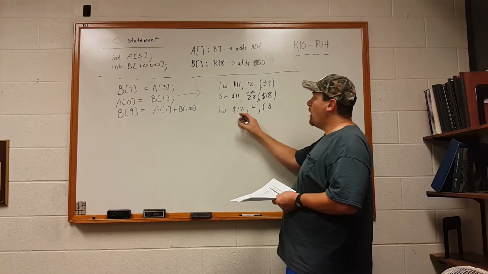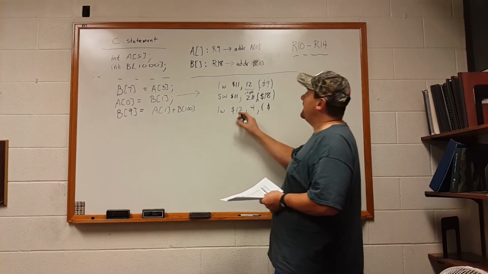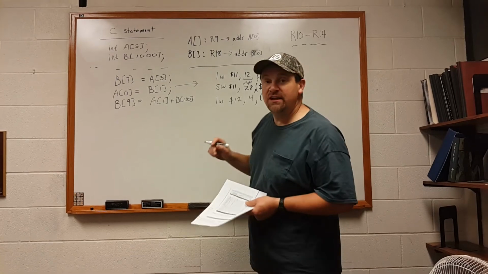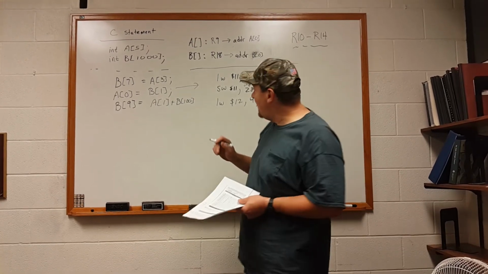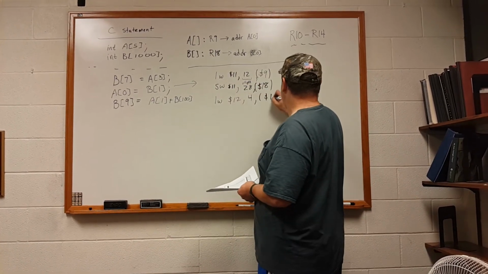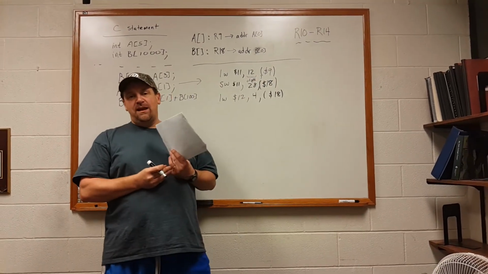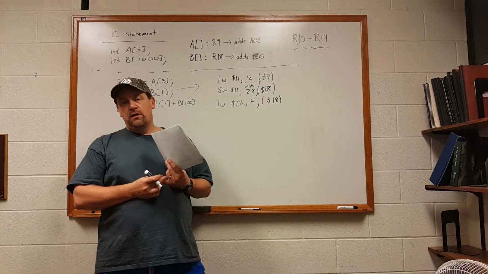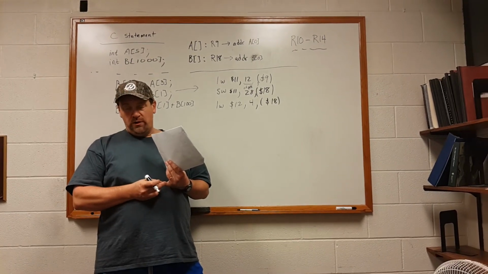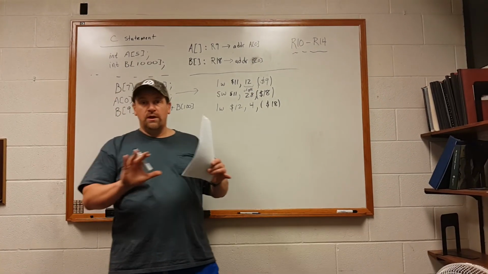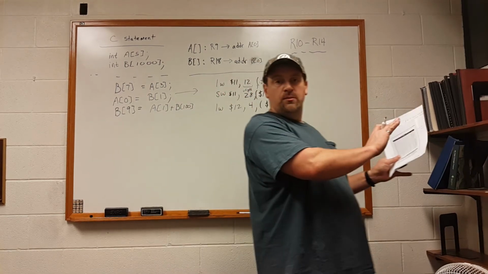Now we want to read from B. B's address is in 18. So it's not what's in 18. 18 is used as an address. The address stored in 18 plus 4, we go out to memory.